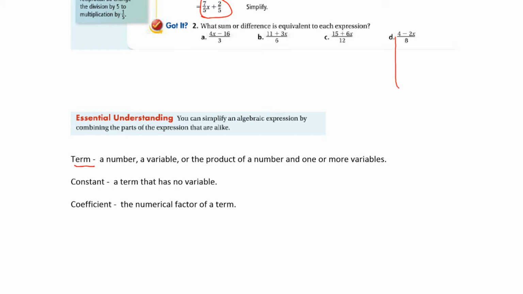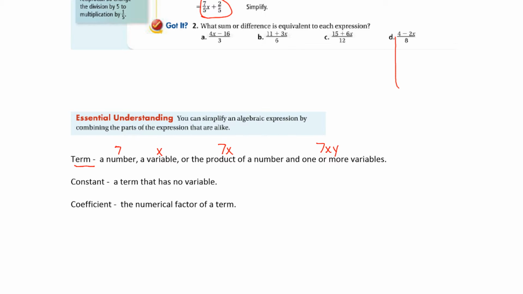So a term can be a number such as 7. It can be a variable such as x, or it can be the 7 and the x multiplied together, the product of a number and either one variable such as x or more than one variable such as 7xy. All of these are terms.